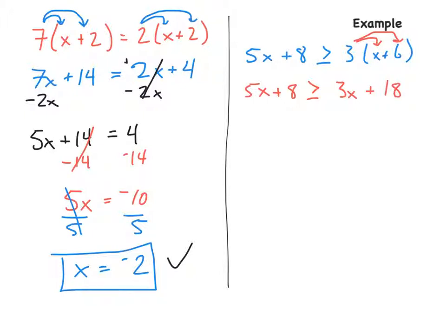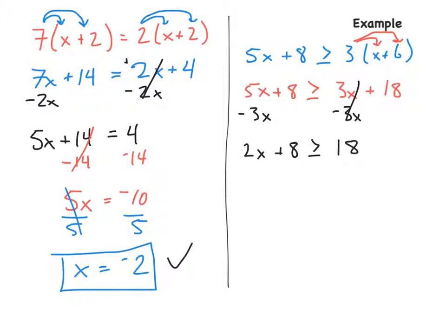Now, let's move the variables over to one side. So subtract 3x from both sides. Rewrite the equation, so 5x minus 3x is equal to 2x. So we have 2x plus 8 is greater than or equal to 18.